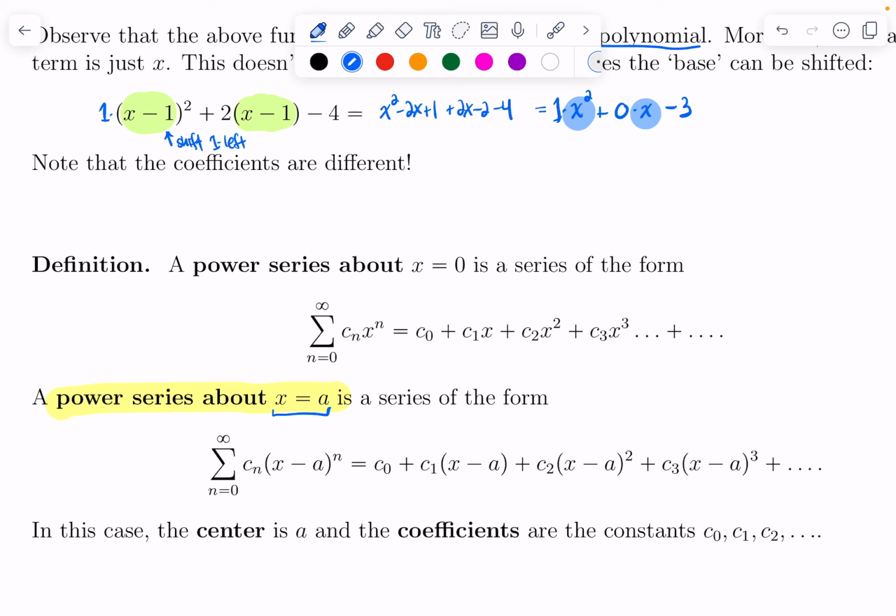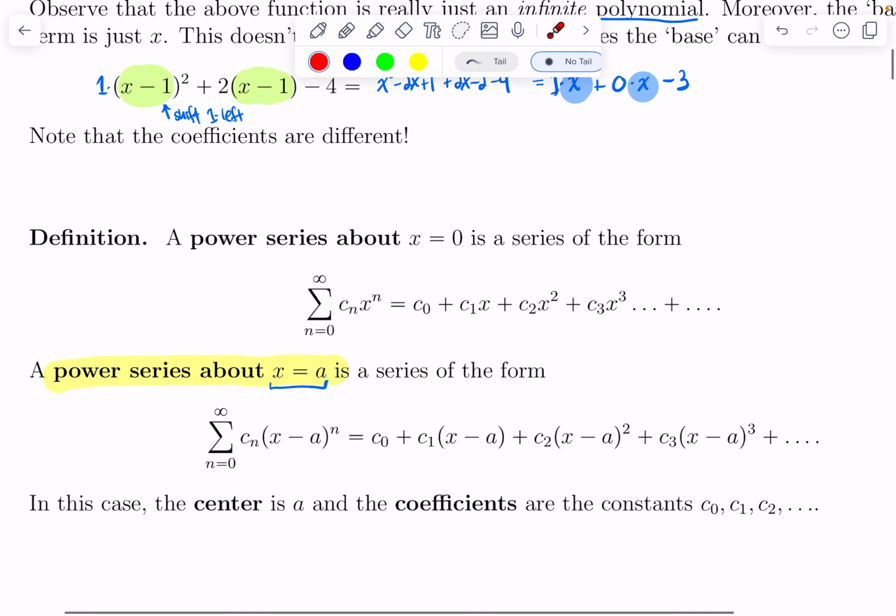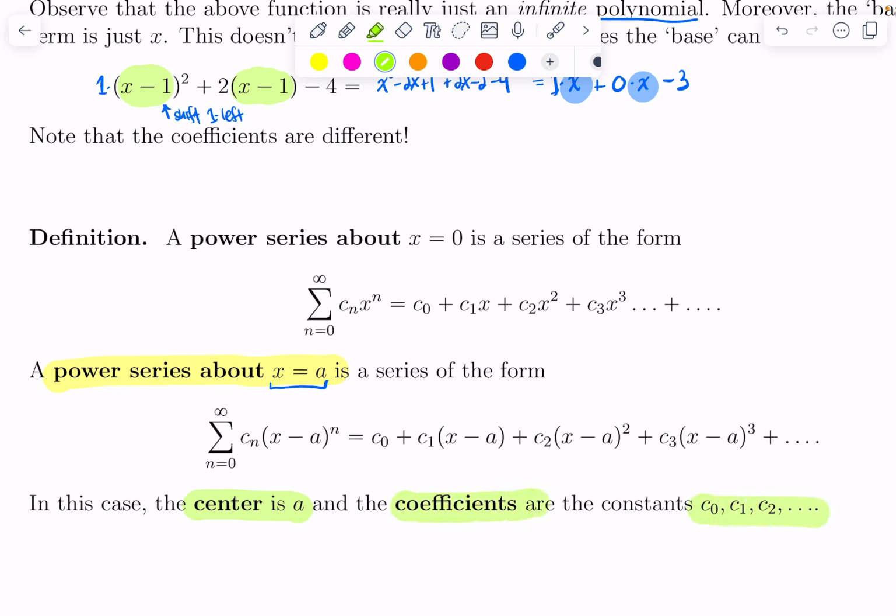So here's our c0 plus c1 times (x minus a) plus c2 times (x minus a) squared. More generally, we write it in this condensed form. Because we shifted over to a, we typically refer to a as the center, and the coefficients are the c0, c1, c2, etc.